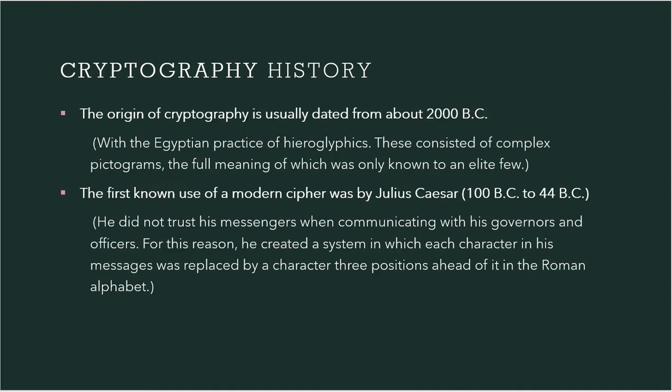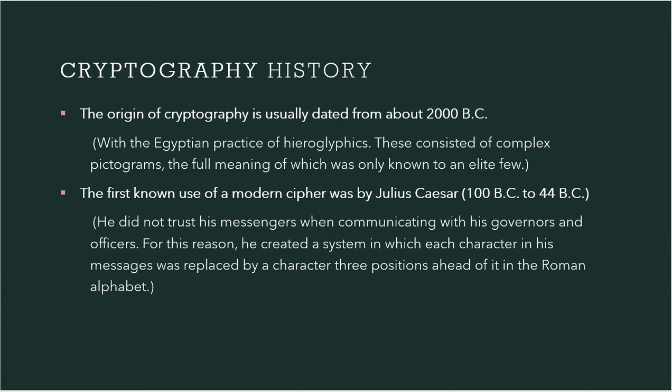Next, what is the history of cryptography? The origin of cryptography is usually dated from about 2000 BC with the Egyptian practice of hieroglyphics. This consists of complex pictograms, the full meaning of which was only known to an elite few. Around 100 BC to 44 BC, the first known use of a modern cipher was by Julius Caesar.